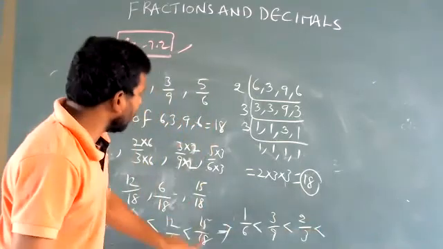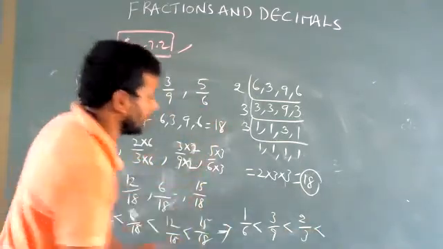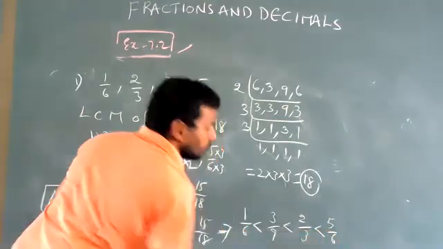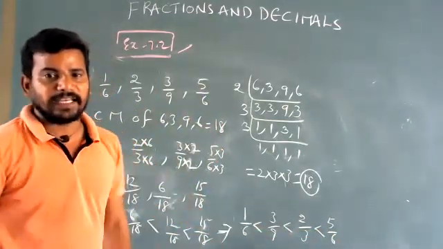The last one, 15 by 18, that means 5 by 6. This is the ascending order.